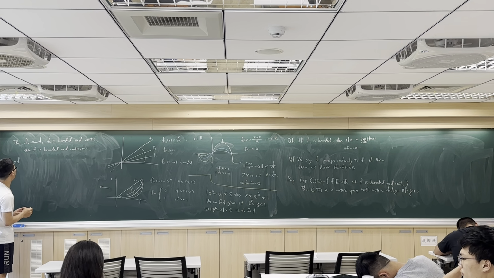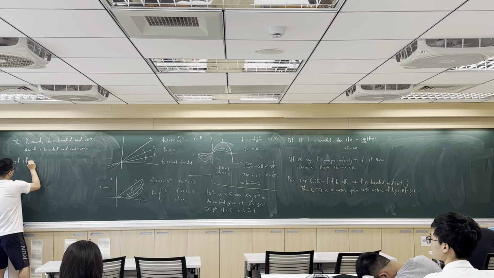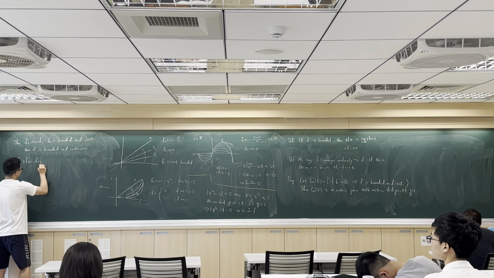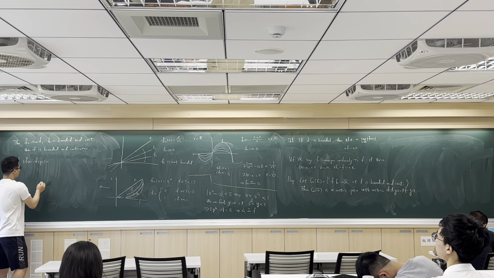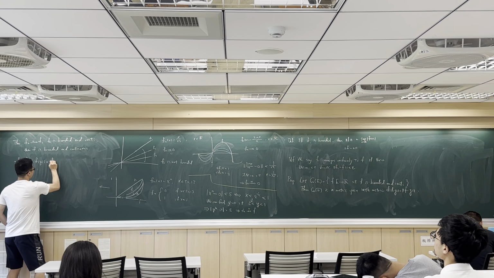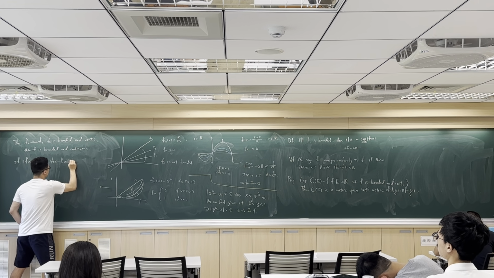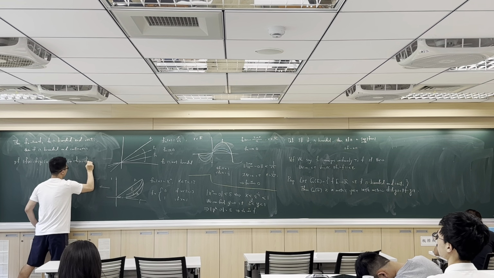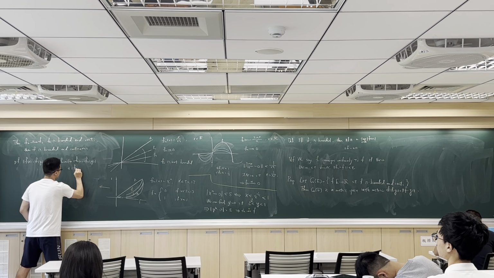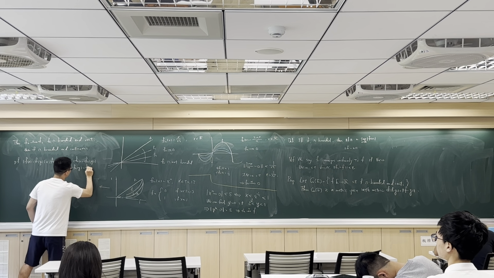Okay, to prove F is continuous, we compute Fx minus Fy when x and y are close enough. It will be bounded by Fx minus Fnx plus Fnx minus Fny plus Fny minus Fy.